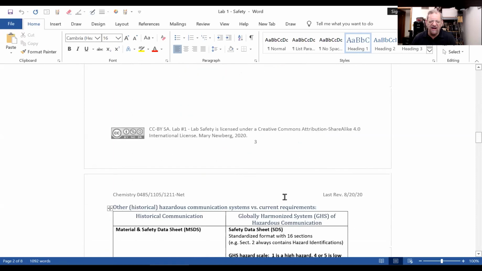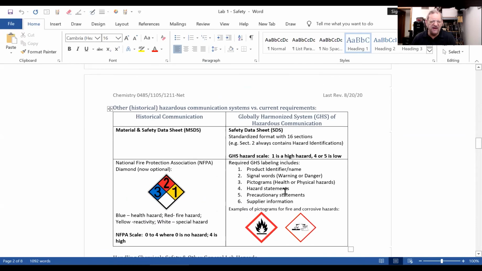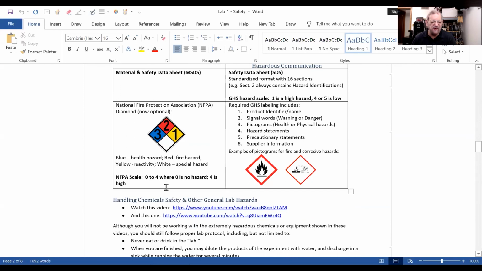Now, the important thing in the MSDS are the hazards. And there are two different scales. And the one I'm asking you to look at is the NFPA, I forgot what it stands for, National Fire Protection Association or something, whatever that stands for. And you see these different colored squares in this diamond, and there's a number in there.